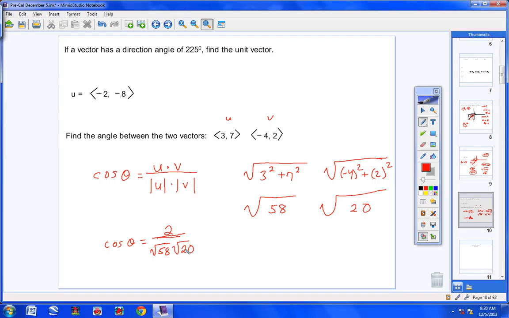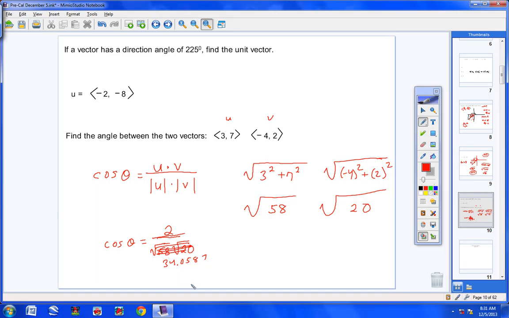Okay? Now, my suggestion to you is I would first work out the denominator, which I'm doing right now, and I would type in the square root of 58 times the square root of 20 and get a decimal for your denominator. So I'm going to cross this off right here, and I'm going to go ahead and put 34.05877273.